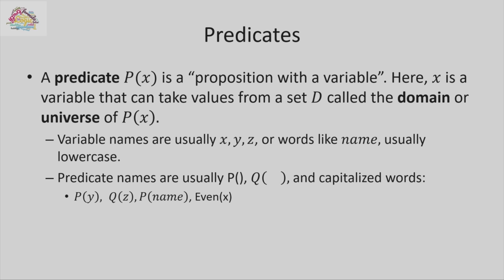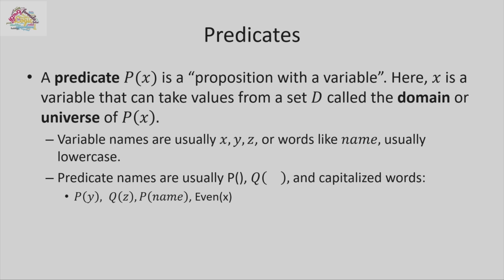We will call those things, those propositions with a variable, predicates. So P of x is a predicate which may be true or may be false depending on what x is. And x is a placeholder, a variable name that stands for some value from a set which we will call a domain or the universe of P.